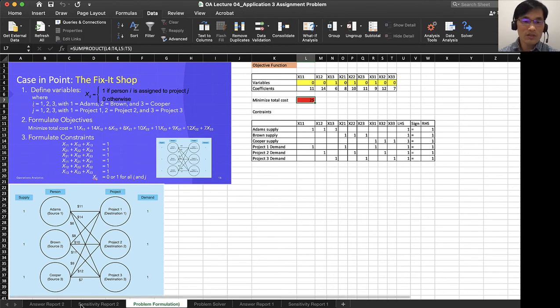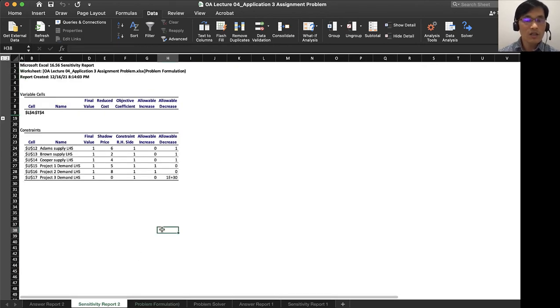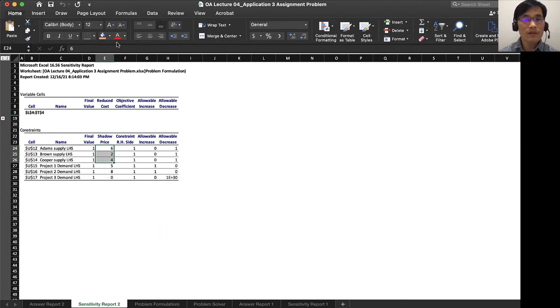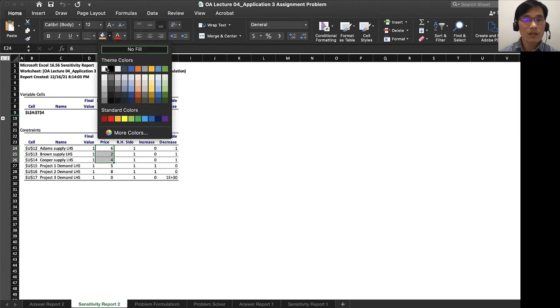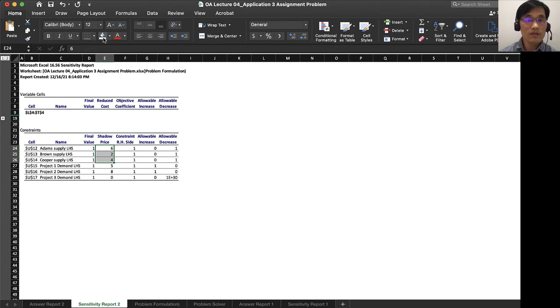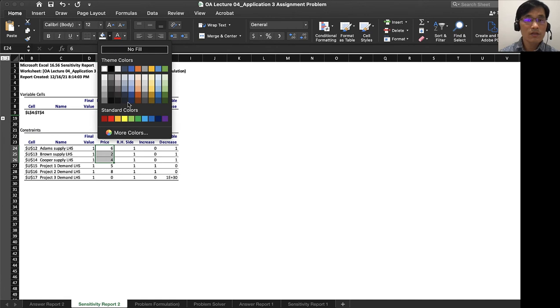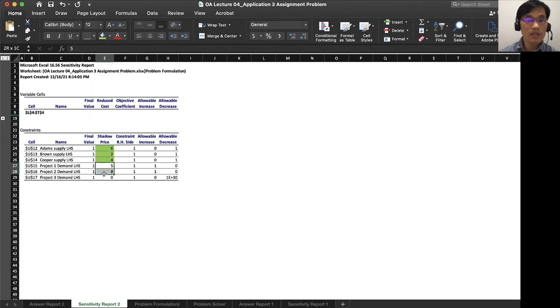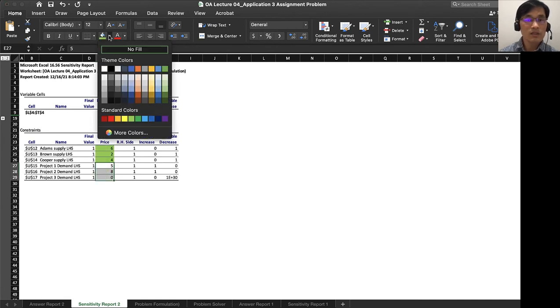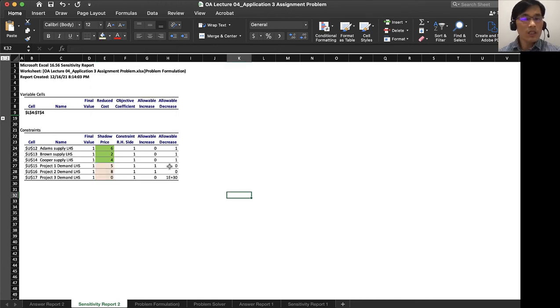If you look at the sensitivity analysis, you see the shadow price for the supply, and here is supply and demand. So meaning that if you increase the supply of Adams by 1, the shadow price increases by $6 only.